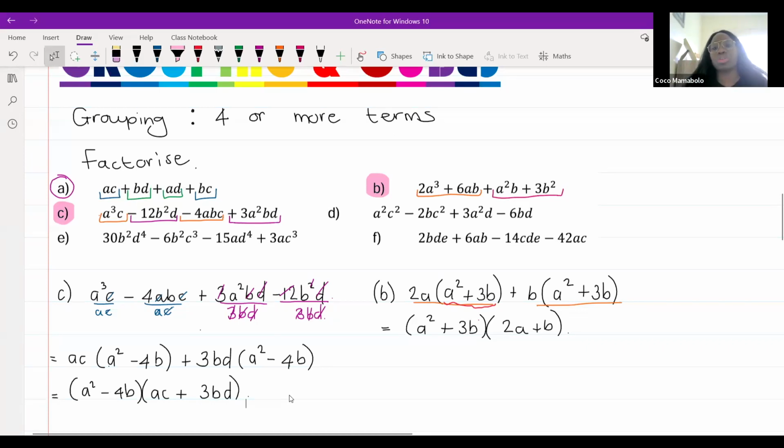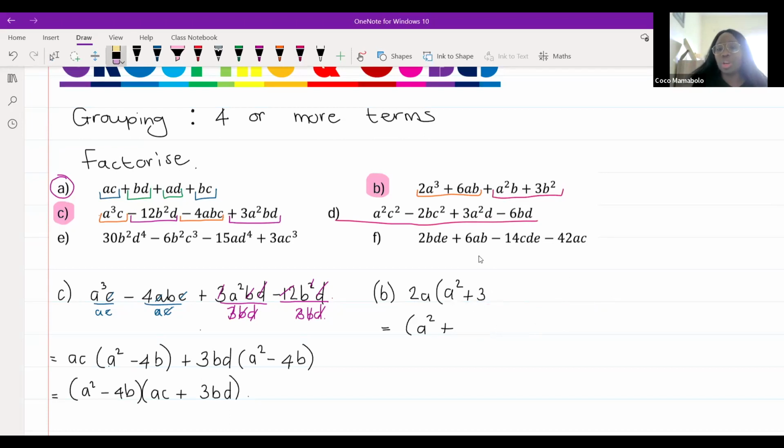All right. I want us all to try D. I'm going to give everybody a few minutes to try D. Remember, make sure you're grouping them according to what they have in common. I'm sorry, D moved, and I don't understand why. Okay, there's D over there. So I want you guys to factorize D using grouping.